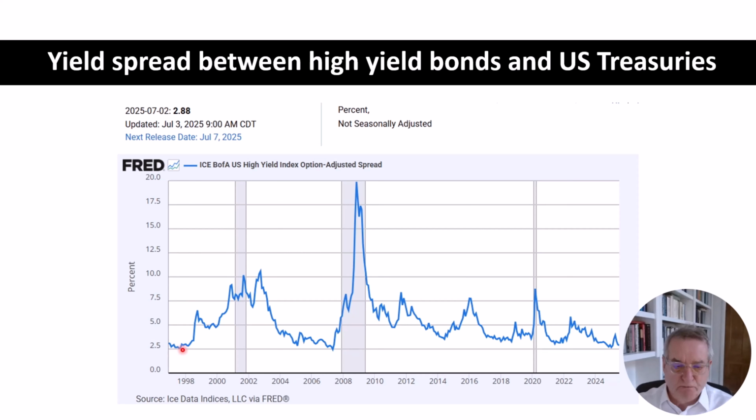And the idea is that when this spread surges, as it did here, for example, with regard to the '08 crisis, what we are seeing essentially is the market's antipathy or unwillingness really to want to own high yield or junk bonds.